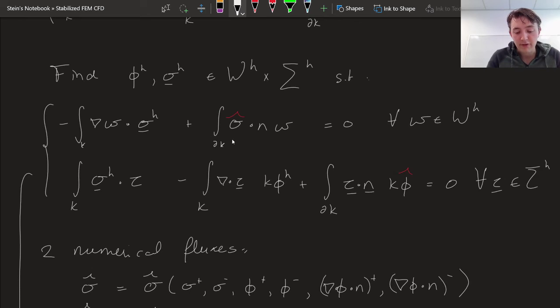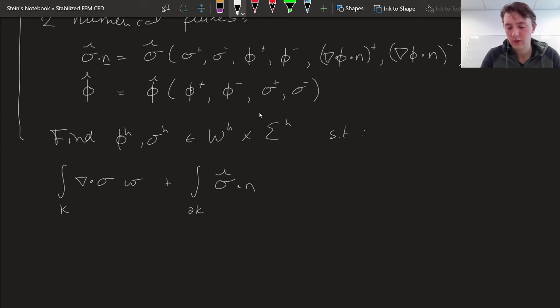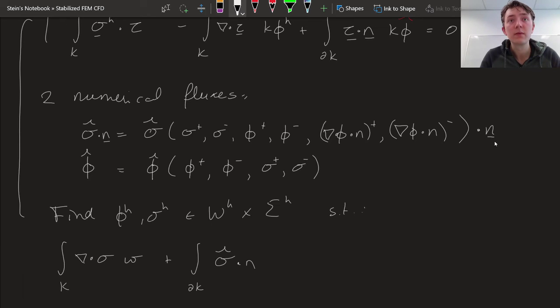Then I still have this term right here that remains fixed of sigma hat dot n. And actually, typically we have a numerical flux specifically for the normal direction, right? So you would actually get something like that. Also a normal here on the right.